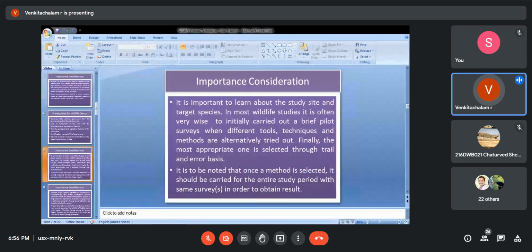So you should not change your study method in between. The entire study period you should carry the same methodology in order to obtain results.